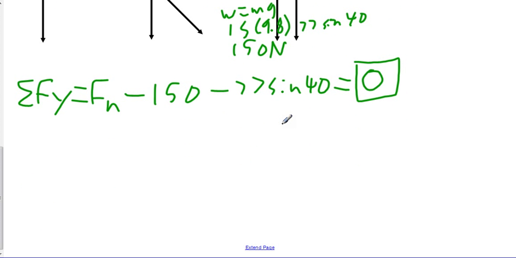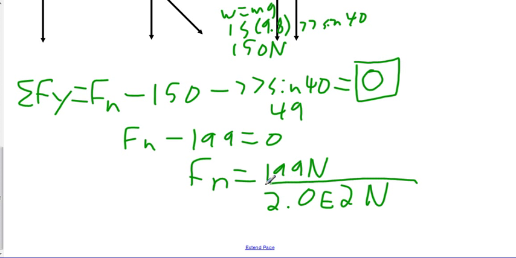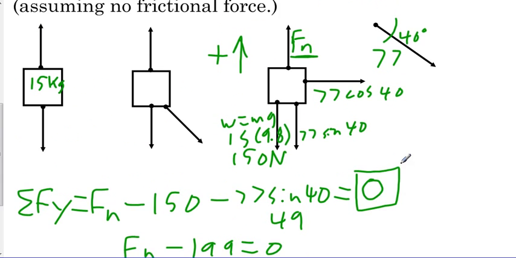And so when we work out 77 sine 40, this gives us 49 newtons, which means Fn minus 199 is equal to 0, which means that your normal force is equal to 199 newtons. With 2 sig figs, that makes this 2.0 times 10 to the second newtons. And there you go. That's it for part B.